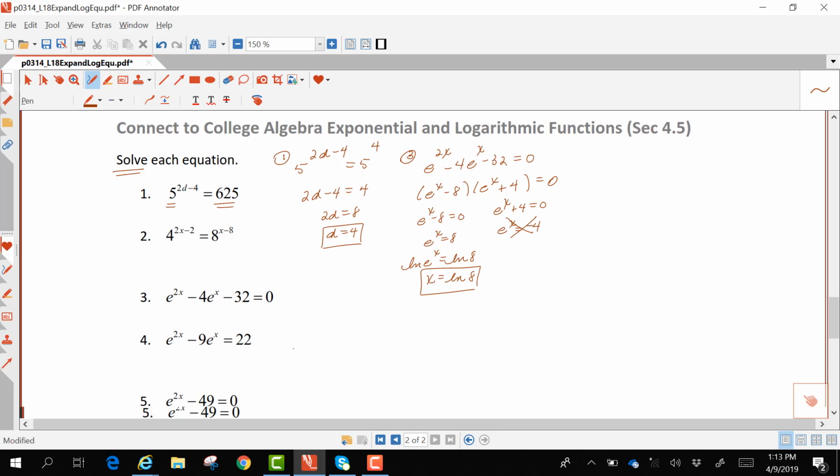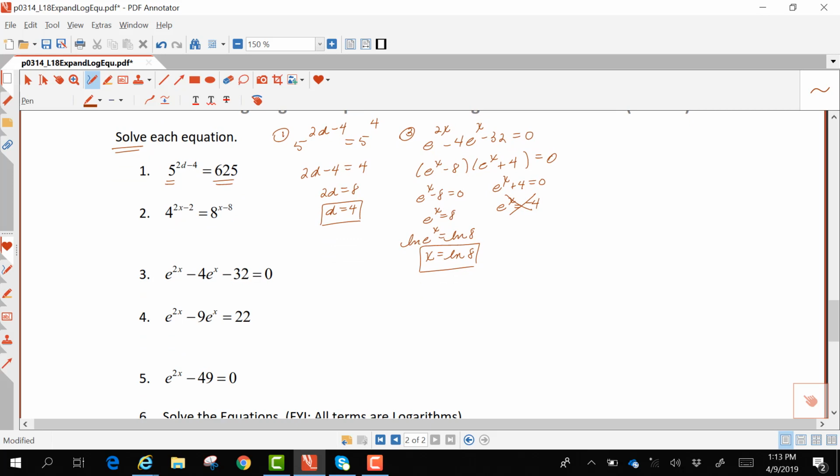Now let's look at number 5. It's a little different. Number 5, my equation is e to the 2x minus 49 equaling 0. Having an e to the 2x power means again it is quadratic. So this is like a difference of perfect squares, in which this is e to the x plus 7 times e to the x minus 7 equaling 0. Just as in number 3, I will set each of these factors equal to 0.